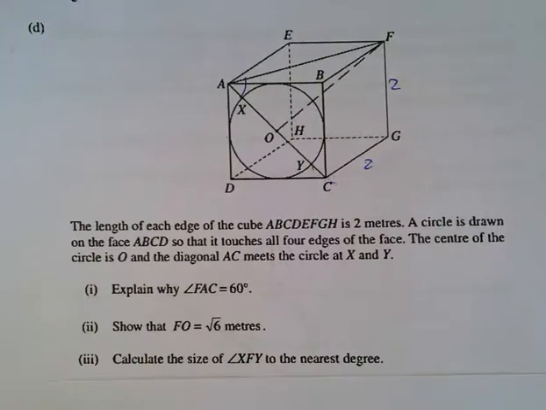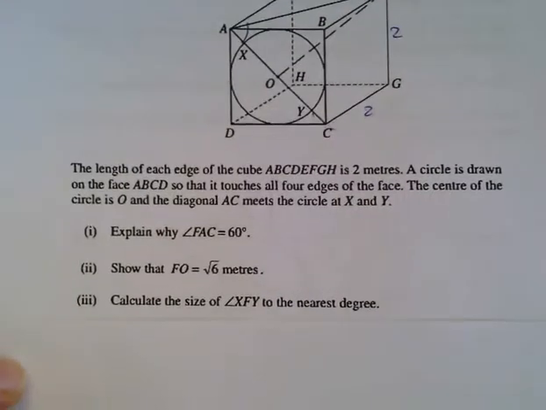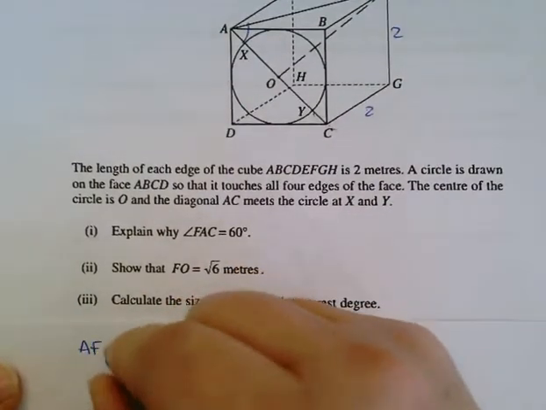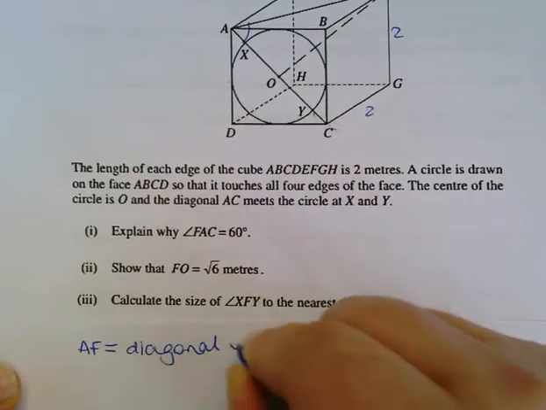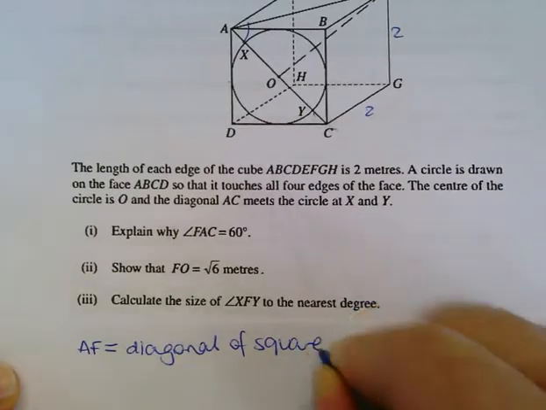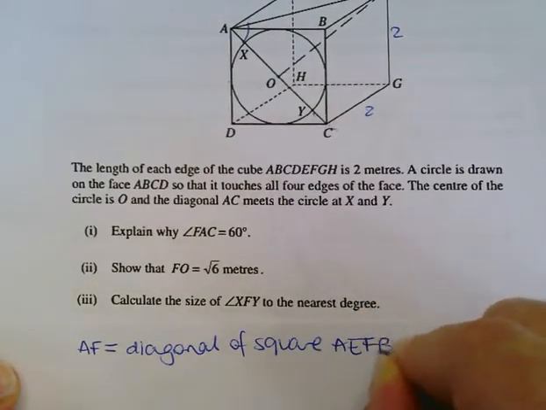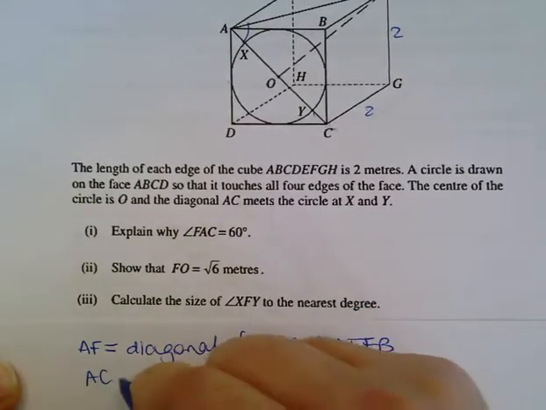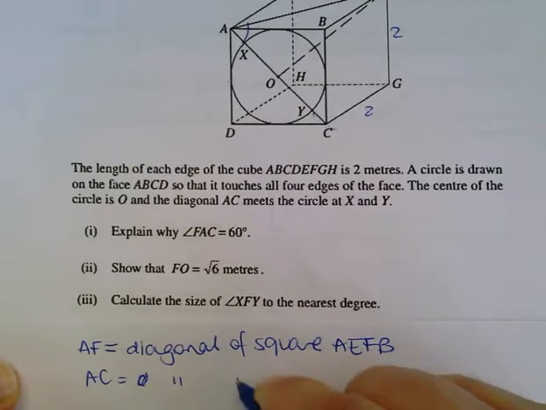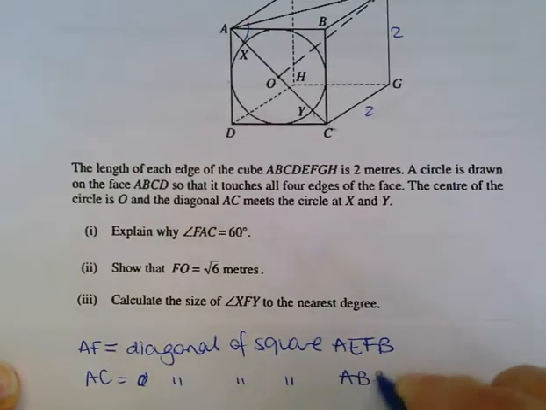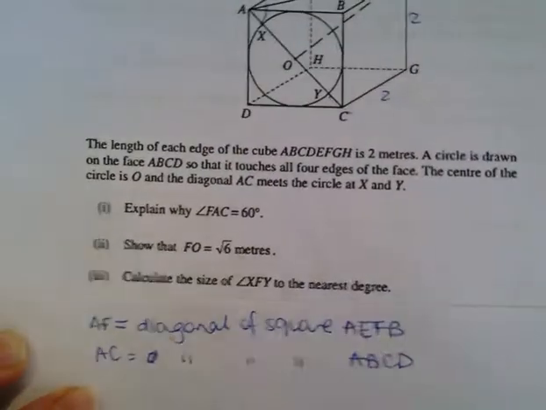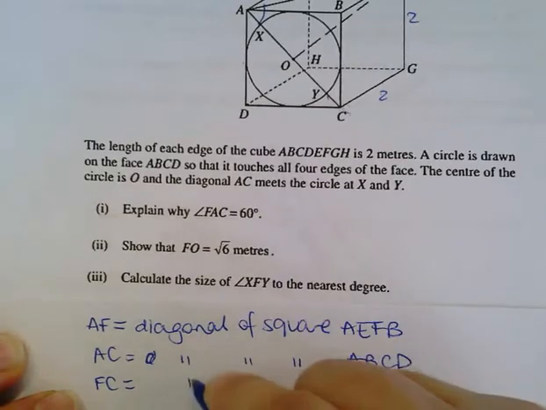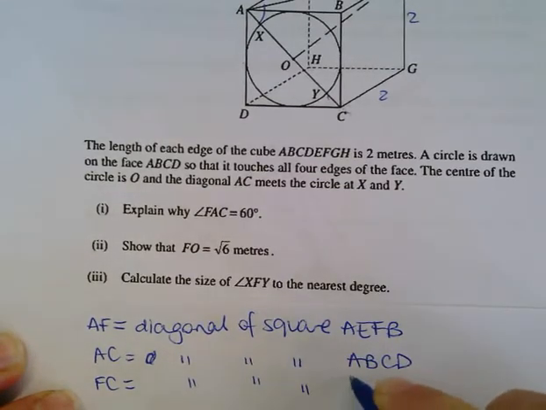It says explain. So let's go that AF is the diagonal of square AEFB, and AC is the diagonal of the square ABCD, and FC is the diagonal of the square FGCB.